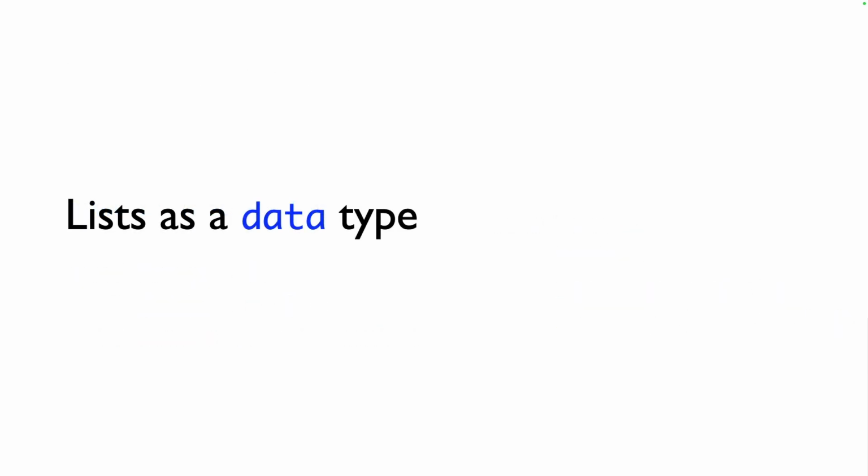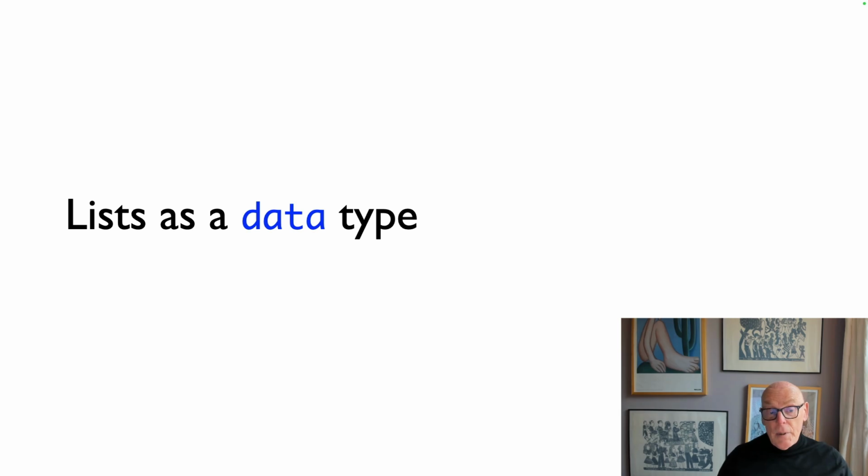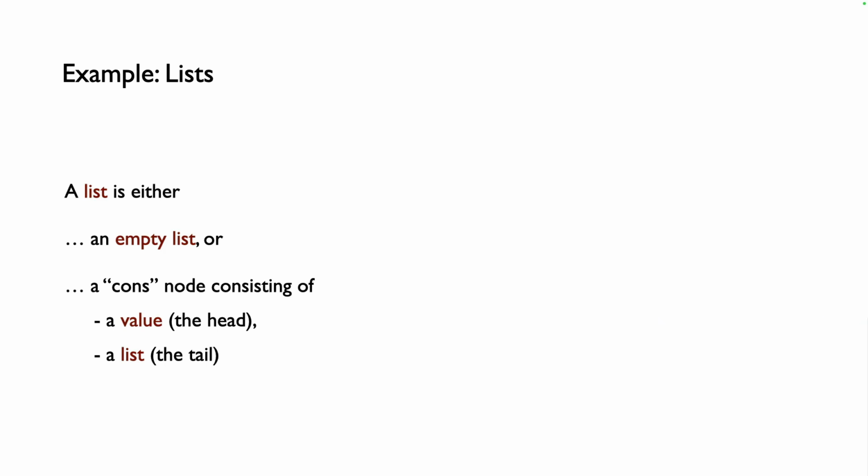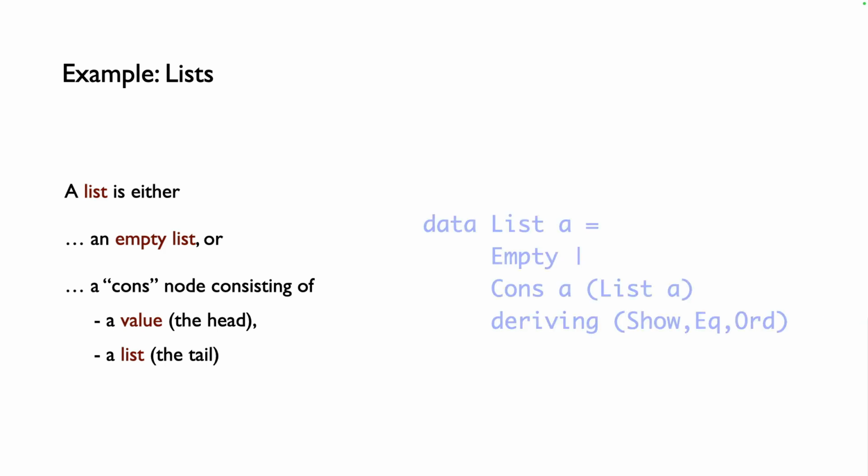We can also think of lists as a data type. If you remember, a list is either an empty list, which we write open square bracket, close square bracket, or a cons node written by saying a value colon, or cons, a list, the head colon the tail. Now we can write a type that's identical to that using a data type.